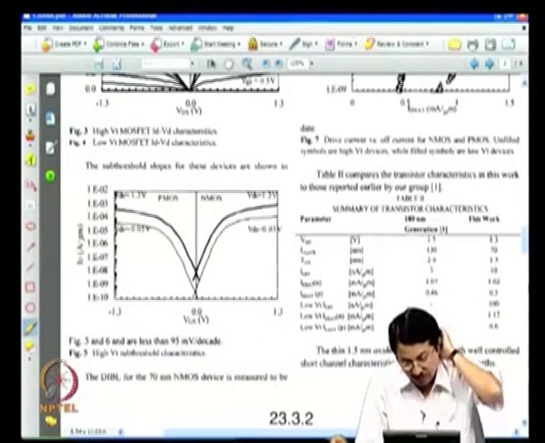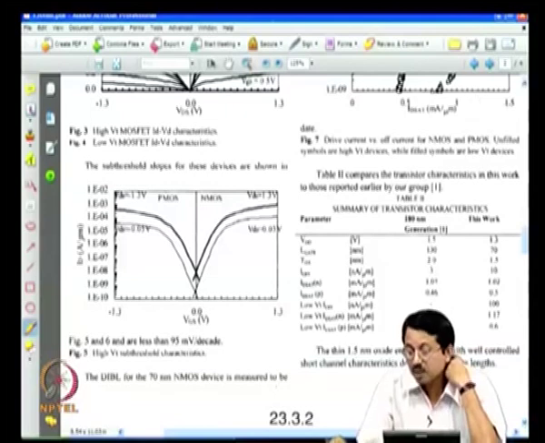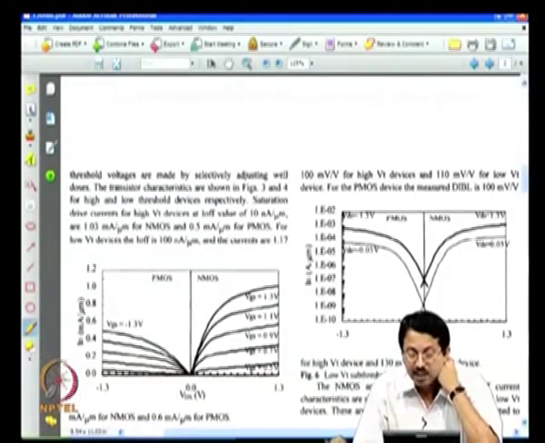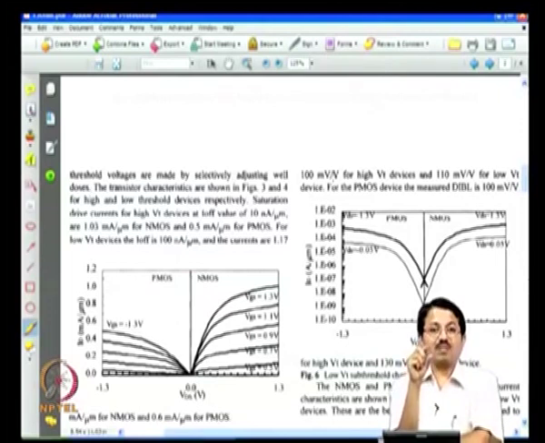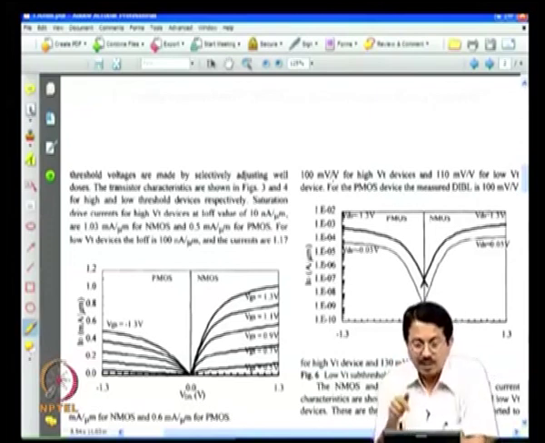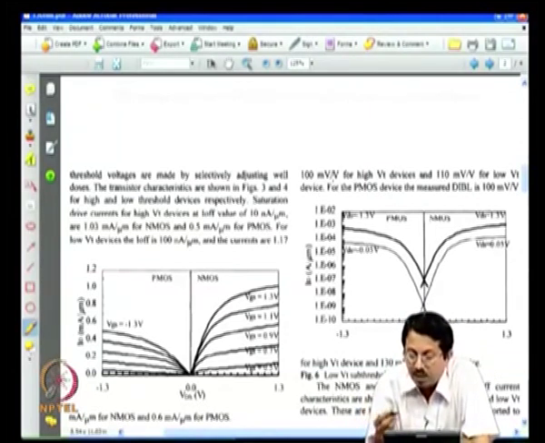And the DIBL for the 70 nanometer NMOS device is measured to be 100 millivolt per volt. That is how we specify the DIBL, right. What is the difference in VT per unit change in voltage on the drain, and that is how they are characterizing the DIBL.